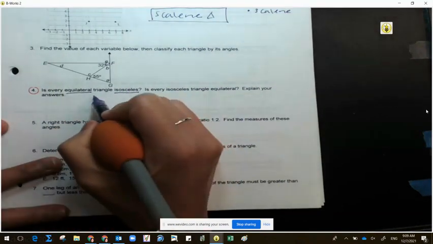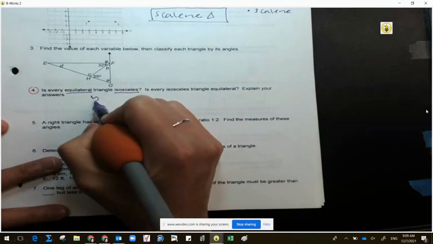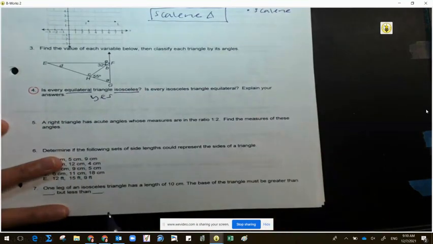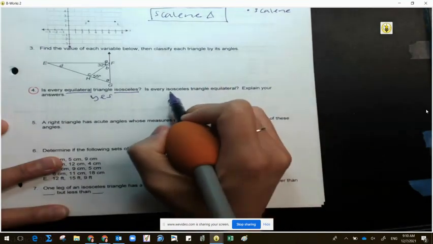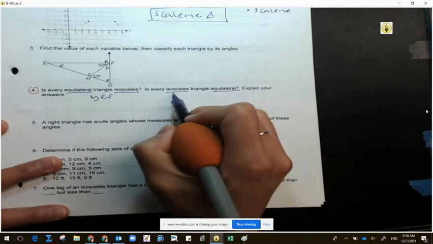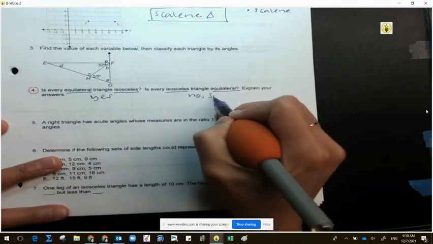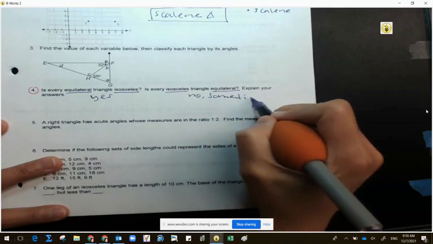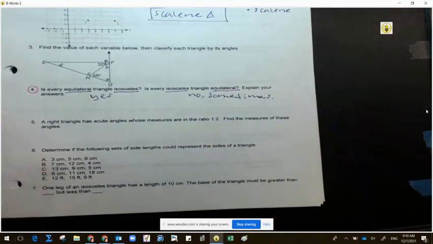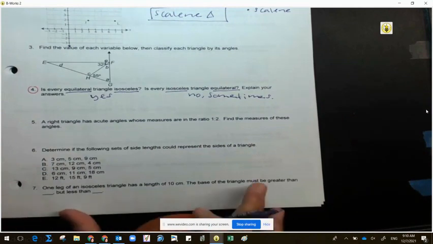More specific. So we know this is always. And then for isosceles to equilateral, the isosceles is less specific. So this one is going to be sometimes. So let's write no. It's every isosceles triangle. Sometimes. So no, it is. As in no. Okay? All right.